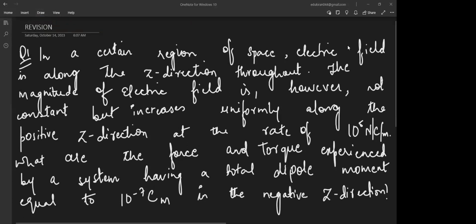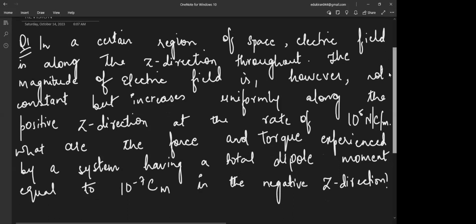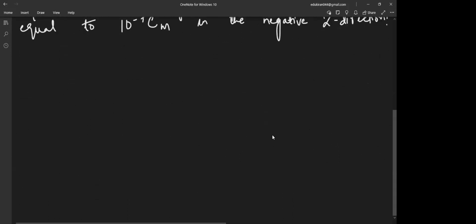See class, in this question, it says that in a certain region of space, the electric field is along the z direction throughout. The magnitude of the electric field is, however, not constant but increases uniformly along the positive z axis at the rate of 10 to the power 5. We have to find out the force and the torque. The dipole moment is given in the negative z direction. See how it will look on the graph.